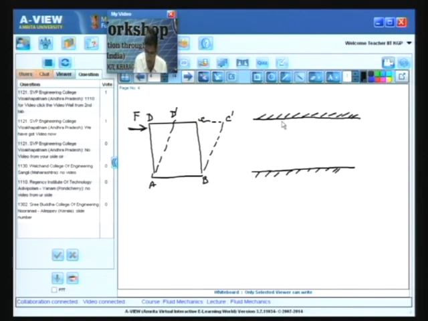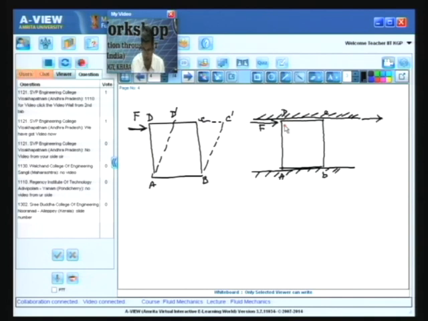Let us consider a fluid element like this, like the solid element A, B, C, D. Now, if we want to apply a shear force on this fluid element, this can be done by making one of the plates move in a direction, which, because of the drag between the solid and the fluid element, can create a force like this as a shear force on this fluid element.